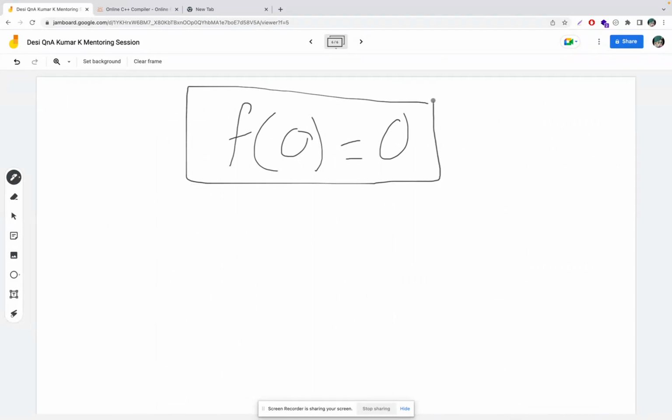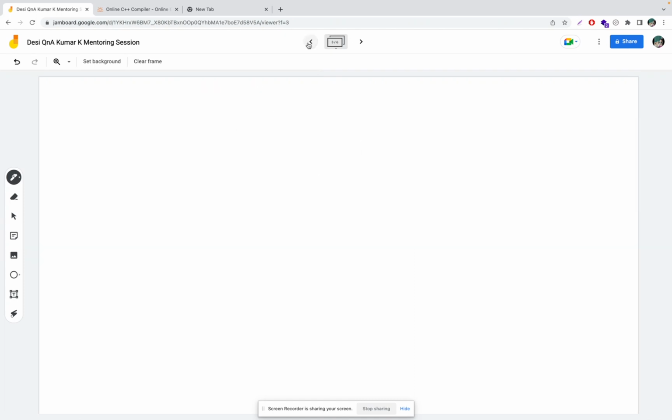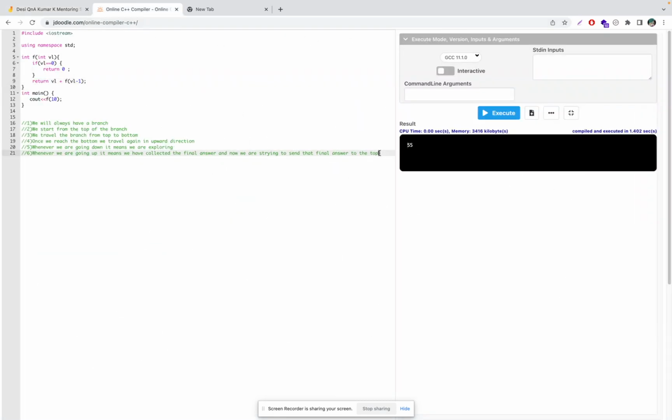Got it, guys? That's the crux of the problem. That's the most important thing. If we use the technical jargon here, people call it the base case. So always remember that whenever you are returning only constant values, that's where the branch ends and you start going up, the process of the upward direction.